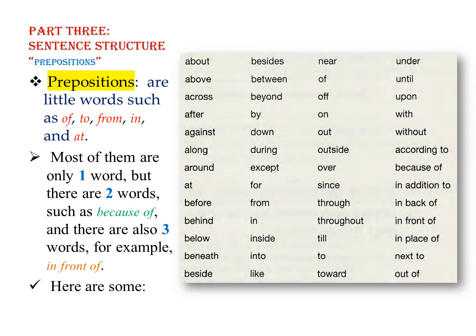Prepositions are little words such as of, to, from, in, and at. Prepositions can be one word, two words, or three words. One word, as we all know: from, to, and at. They can be two words, such as because of, and three words, such as in front of. But when they are two or three words, we use one of the major prepositions.